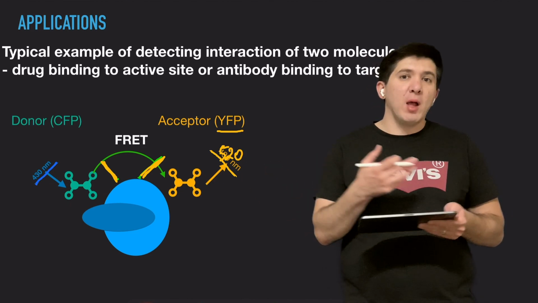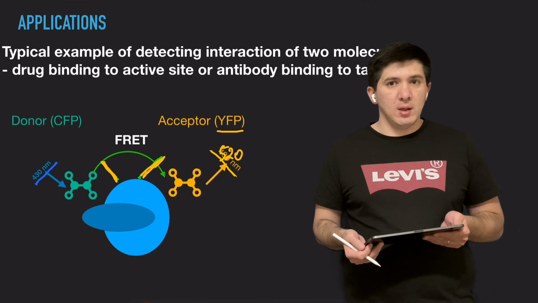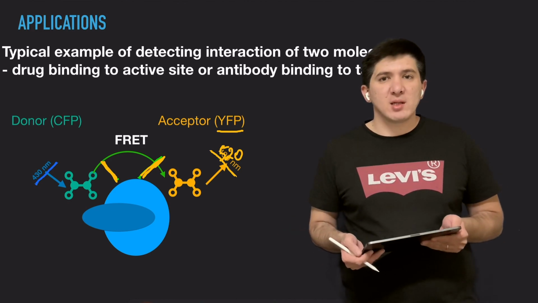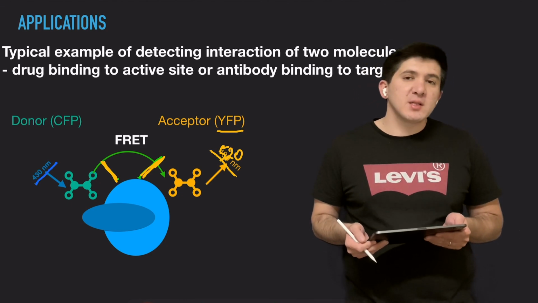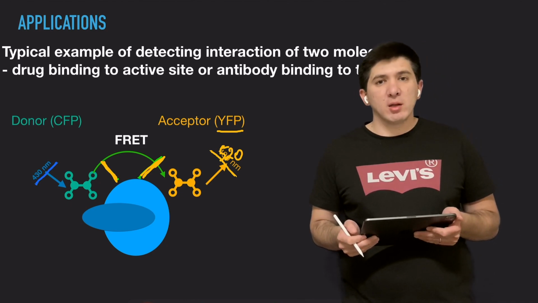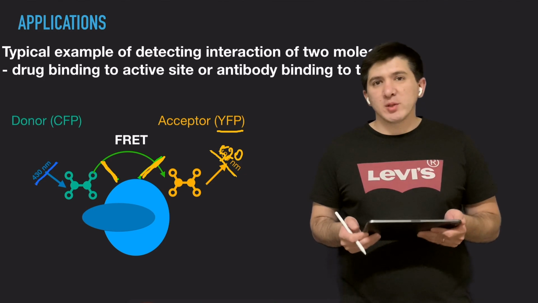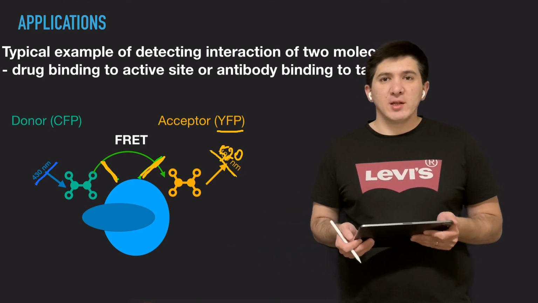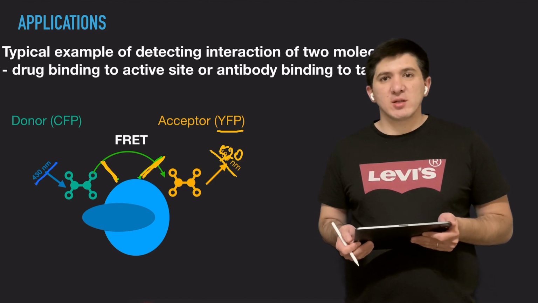It means that those molecules are interacting. So this is one of the applications of the FRET, but there are many more. It helps us to understand the interaction between the molecules. And this video was about the quick review on the fluorescence. Hopefully that was helpful. Thank you very much for your attention.